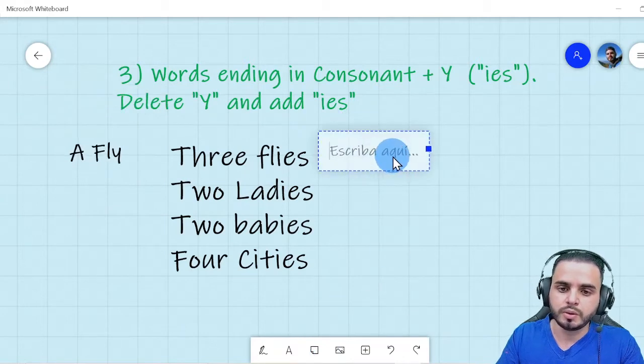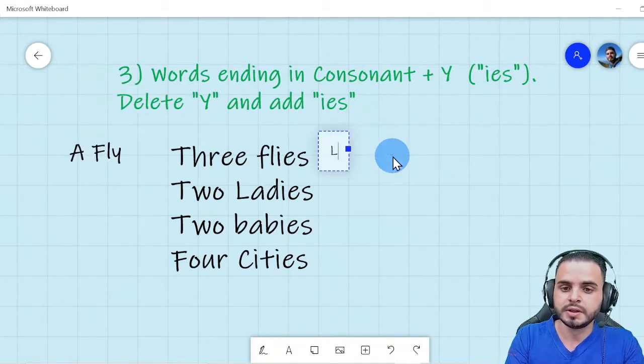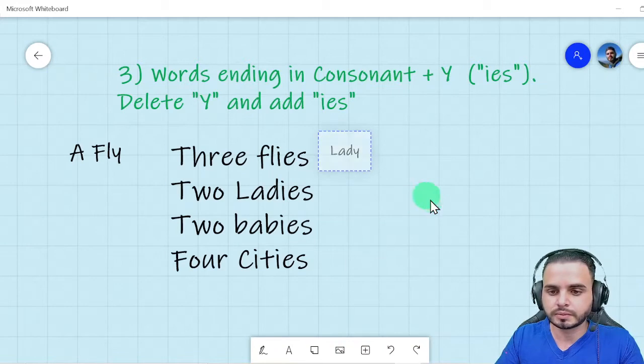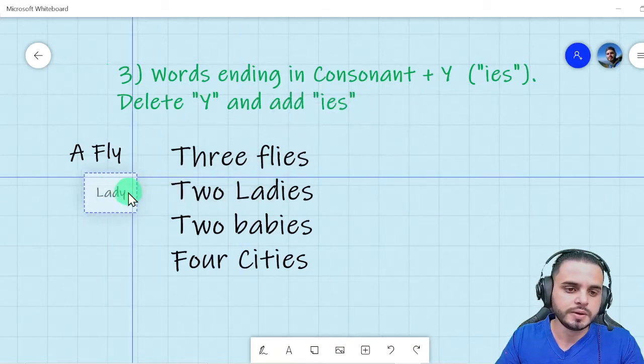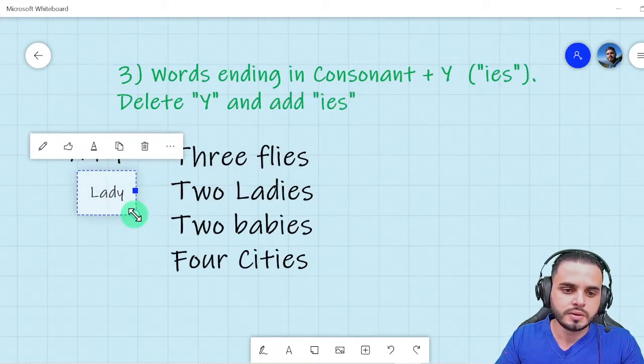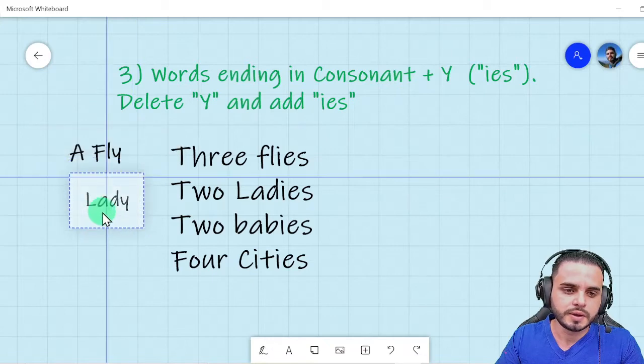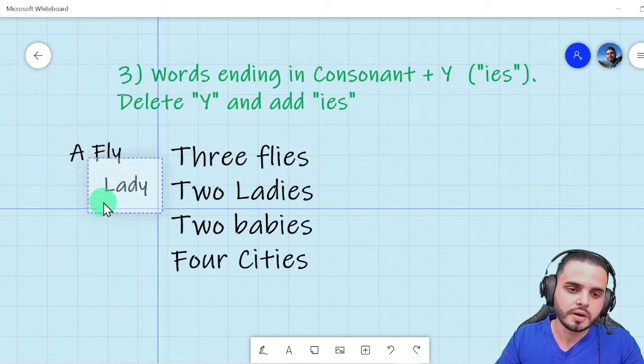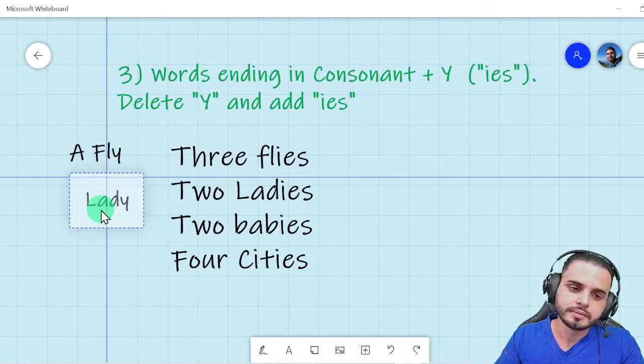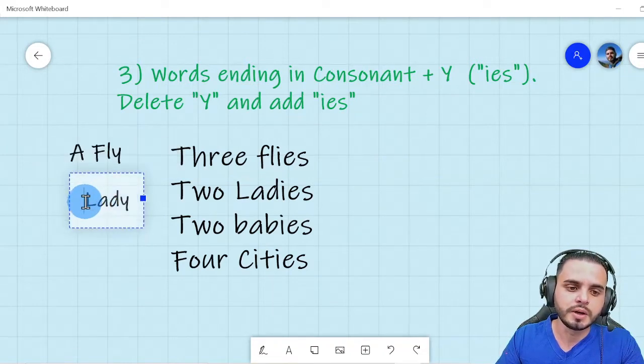Okay, what if it is lady? This is another example. If the word is lady, maybe there is one lady, but then there comes a second or a third lady. So now you have to make the plural.